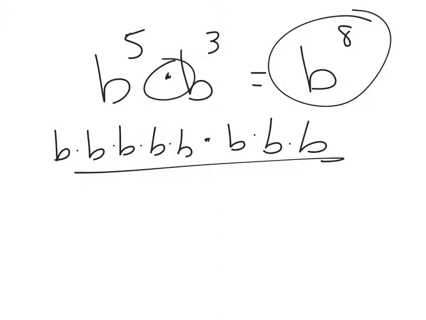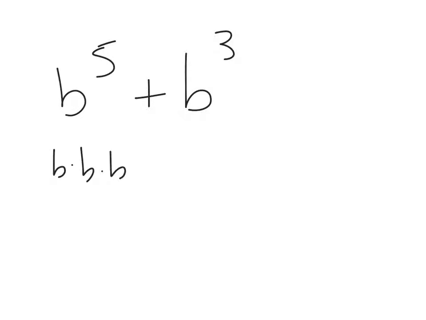The problem when I'm adding these two together is different. I cannot combine these two by adding them together because, remember, b to the 5th and b to the 3rd, when I'm adding these, it's not just one long multiplication problem like we saw a second ago.